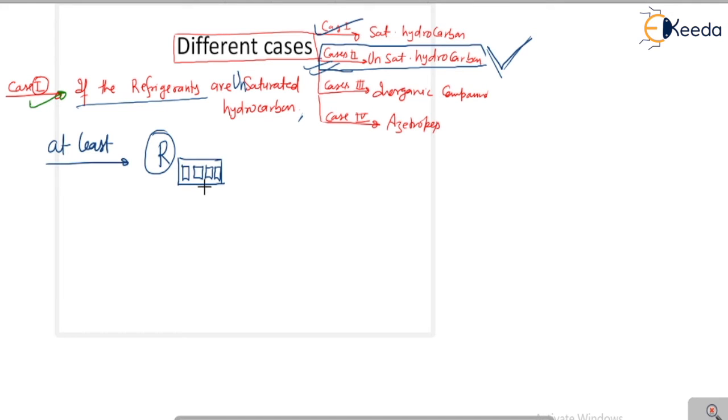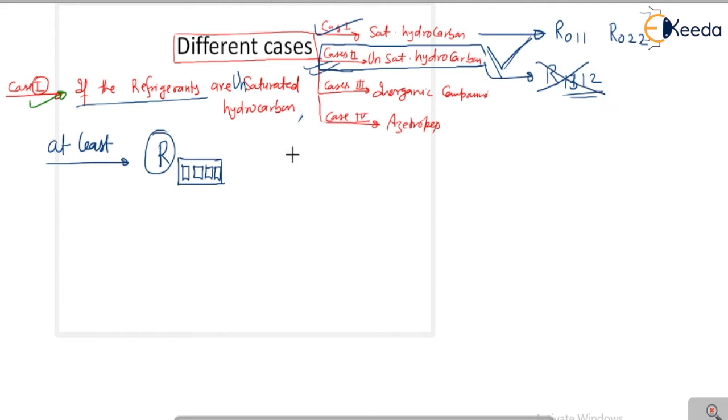So there are 4 digits. In case number first, if we want to designate our refrigerant, that means there are only 3 digits. Is it right now? There are only 3 digits. But in case number second, if we want to designate our refrigerant, that means here at least 4 digits are there.